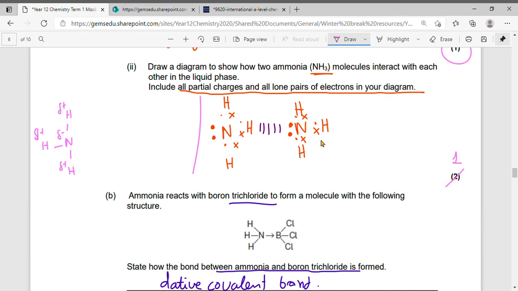And this is partially negative. And we do have an electron cloud here. Sorry, lone pair here, and this is going to be attracted to the partially positive H, with another electron cloud. So I in fact want to write these partial charges for ammonia.